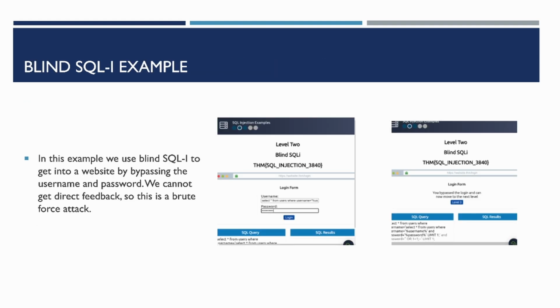So in this example, we use blind SQL to get into a website by bypassing the username and password. We can't get direct feedback, so this is a brute force attack. Again, yes, that's what I basically did. I kept getting into the system by using select and then trying to get usernames.